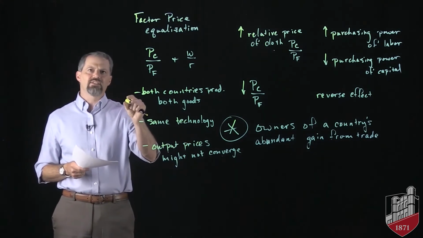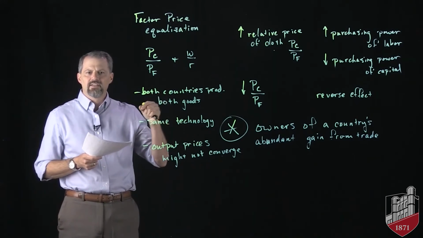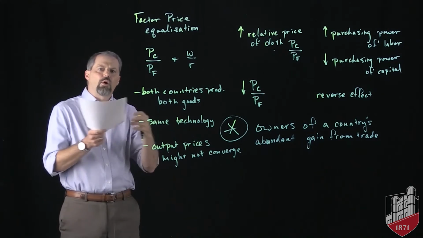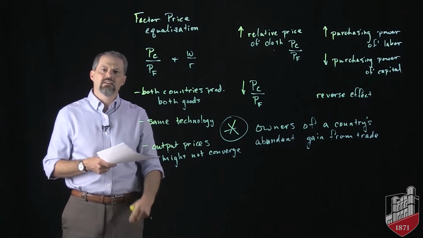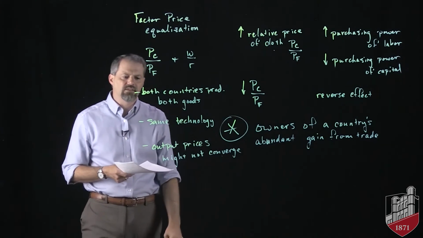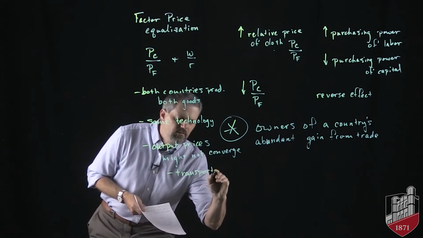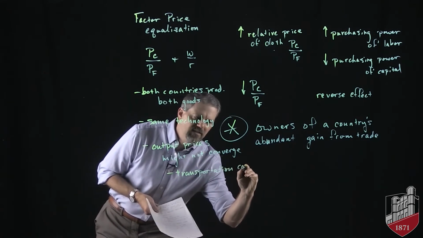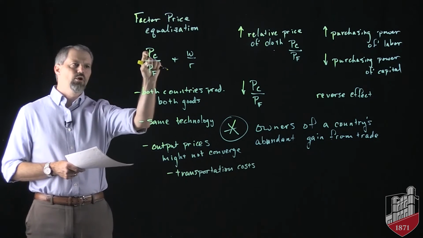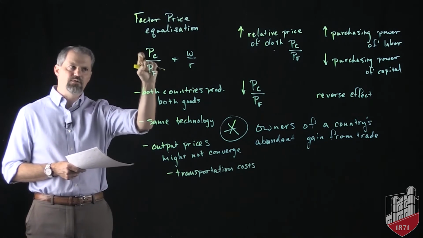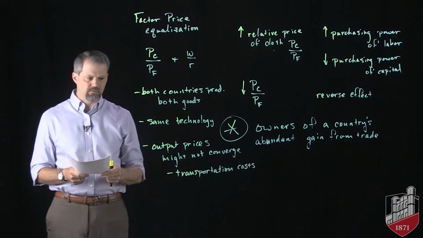If the price was only, say, 10 cents difference between a gallon of gas here and a gallon of gas there, then that might not be a big enough difference for it to be worth my time to drive there, bring a tanker full of gas here, and go through the process of selling it. So it could be that there are transportation costs. That's very common, obviously, with international trade. So transportation costs can keep the prices in the two countries from converging, which clearly would keep the factor price ratio from converging.